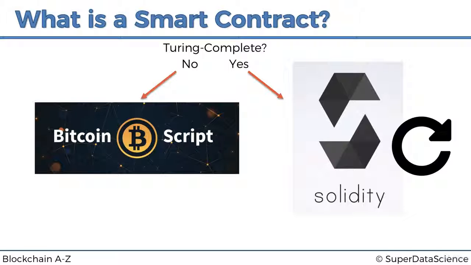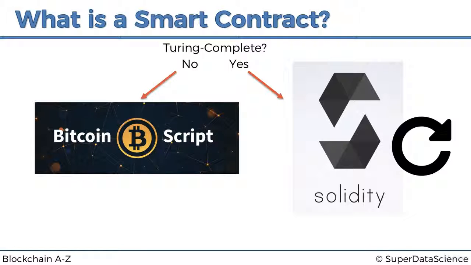But if you're not familiar with programming languages, a loop is basically a way for you to tell the program to do a certain piece of code many times, for many iterations. You might say do this 500 times or do this 1,000 times, or you might say keep doing this until a certain condition has been met and a certain state has changed, and then stop or break the loop.